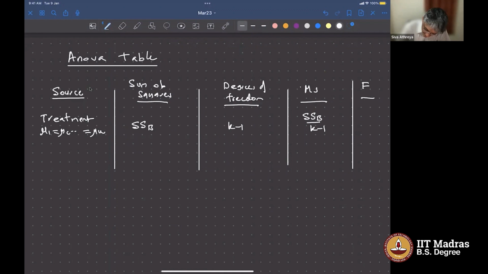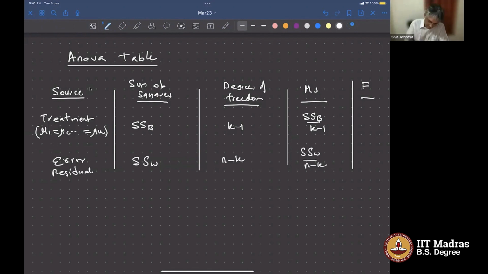Then you put the error, that is the error residuals. That's the within sum of squares SSW, which has n minus k degrees of freedom, and the MS is just SSW by n minus k.